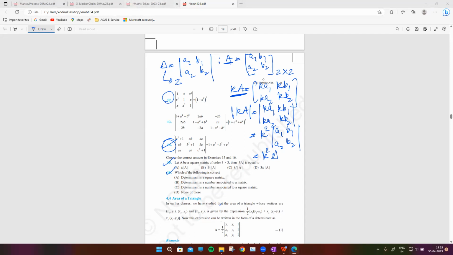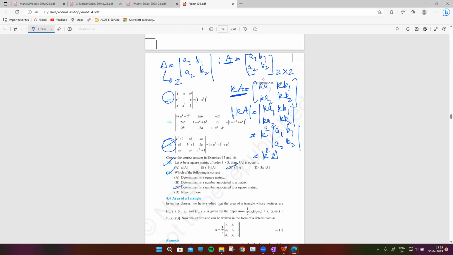So determinant is a number associated to a square matrix, right? We have already talked about it. The determinant can only be defined for a square matrix, and it is basically a number given to a square matrix. So 16th is C, and this would also be C, K cube into determinant of A.